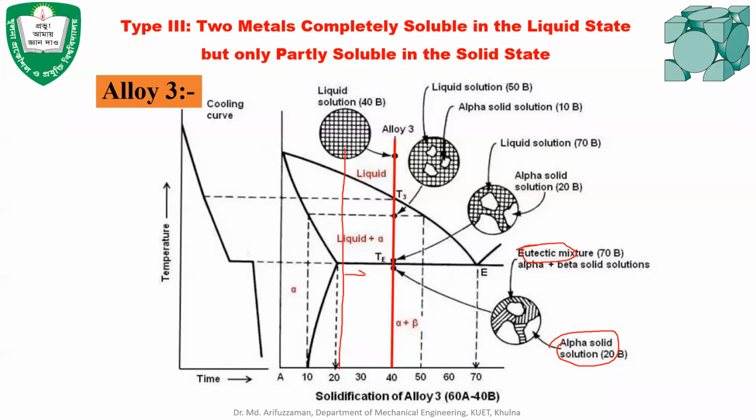Once we move in this direction, the alpha solid solution will start to decrease. The grains of alpha will reduce and the grains of eutectic mixture will increase up to this point. At this point, there will be 100% eutectic mixture. Did you understand this?